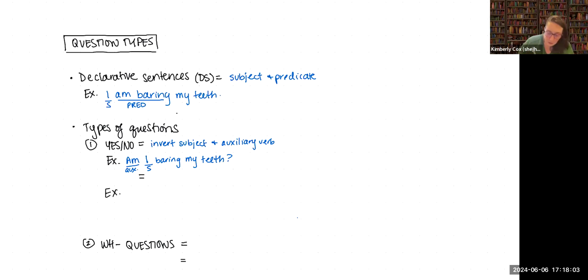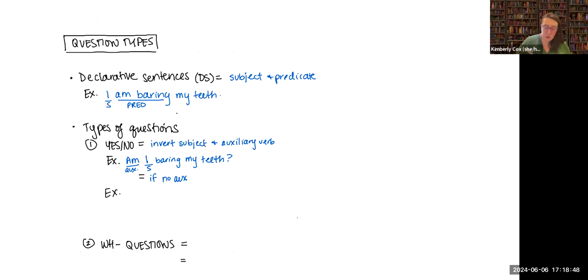Similarly, another way you can do it if there's no auxiliary verb would be to add the word do, or we could also use did. Let's say there was no auxiliary verb.